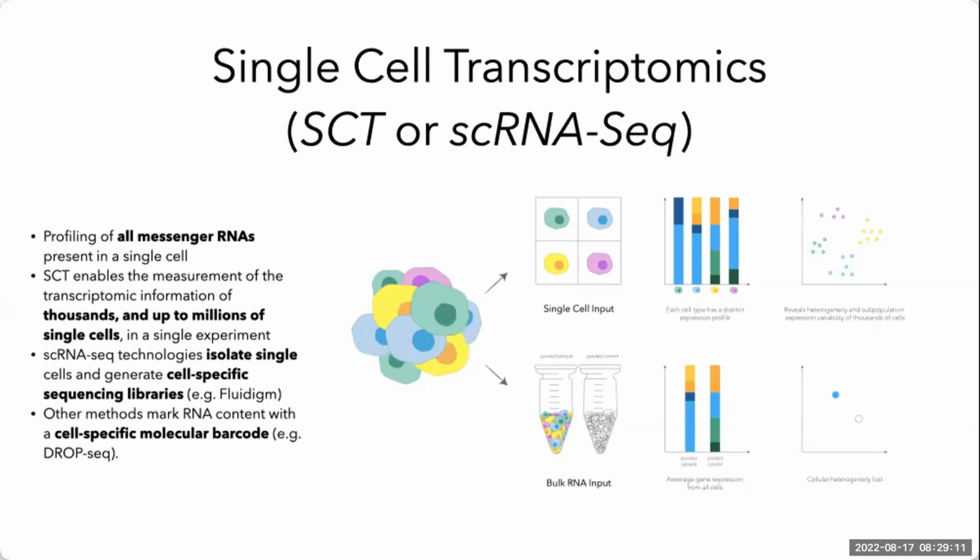Unlike its cousin bulk RNA-Seq profiling, where the sequencing libraries are generated from thousands and thousands of cells, single-cell RNA-Seq technologies isolate each and every cell and generate cell-specific sequencing libraries, or cell-specific RNA content, with a cell-specific molecular barcode.